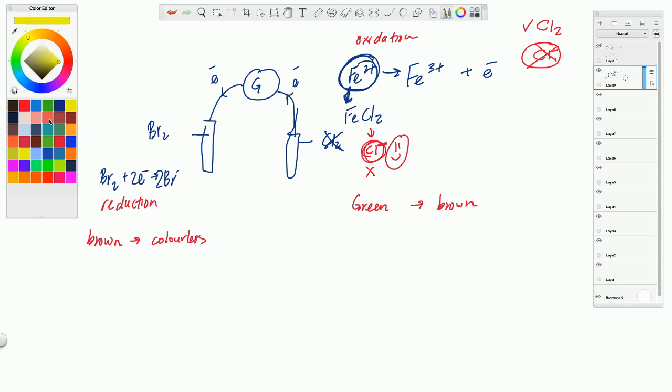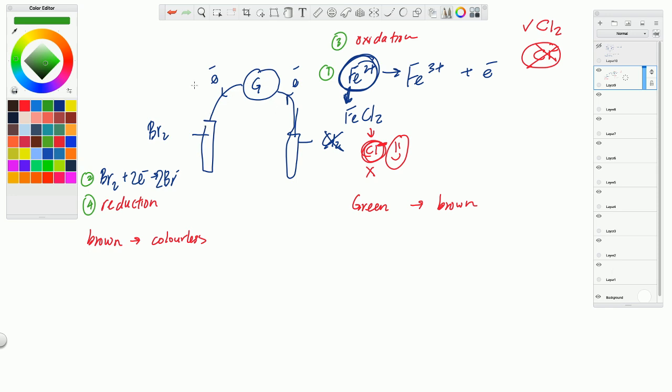So this question is 10 marks. How do you get the 10 marks? 1 mark is the equation for each, 1, 2. 1 mark is for oxidation and reduction, 3, 4. Then you talk about the electron flow from iron 2 chloride through the wire external circuit to bromine.